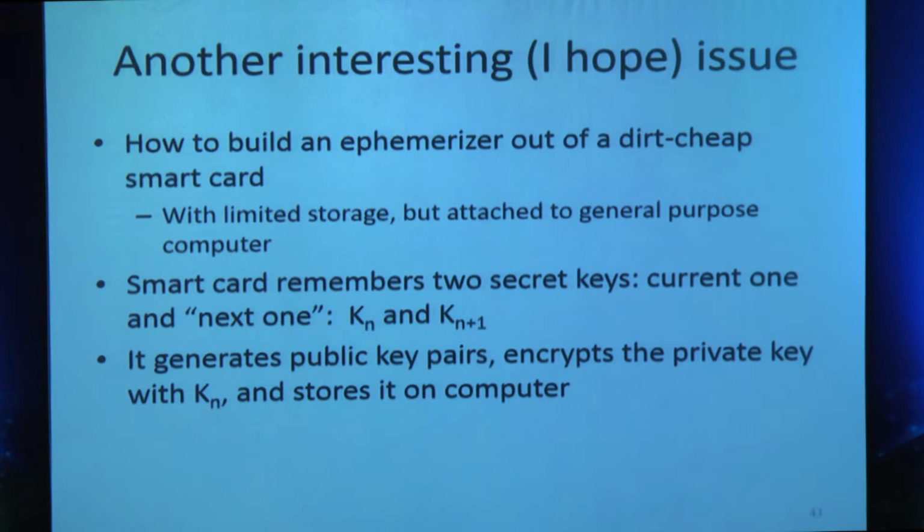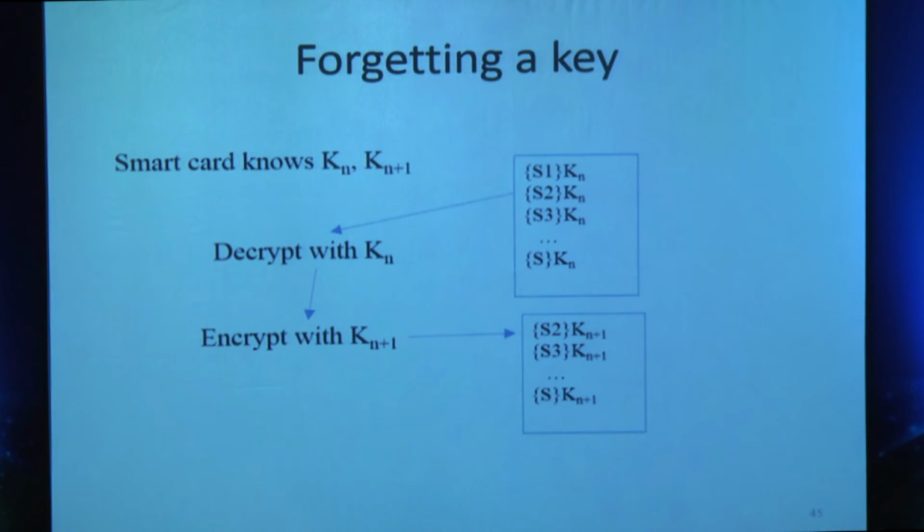And it generates public key pairs and stores them encrypted with K sub n. Out on the regular PC, it stores each one encrypted with K sub n. And then every time it needs to delete one, like every day when it needs to have one expire, it will read them in.